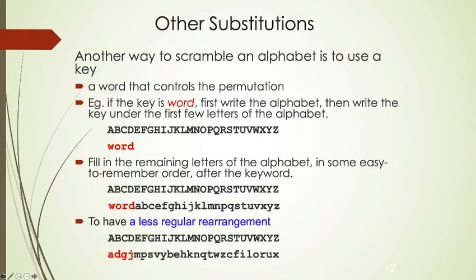But we can also use less regular rearrangements, for example, where we cyclically choose every third letter. So instead of A, B, C, it's A, D, G, J, and so on. And when we get to W, Z, and then we go third, C, F, I, and so on.